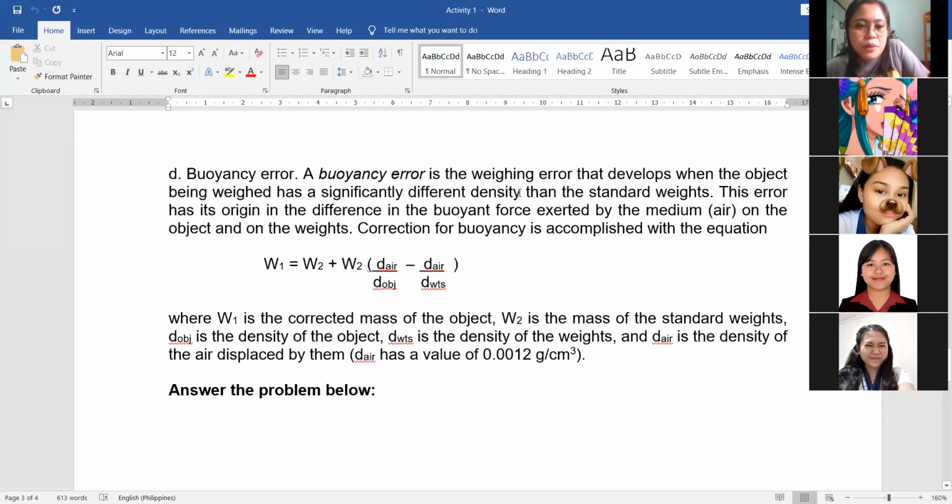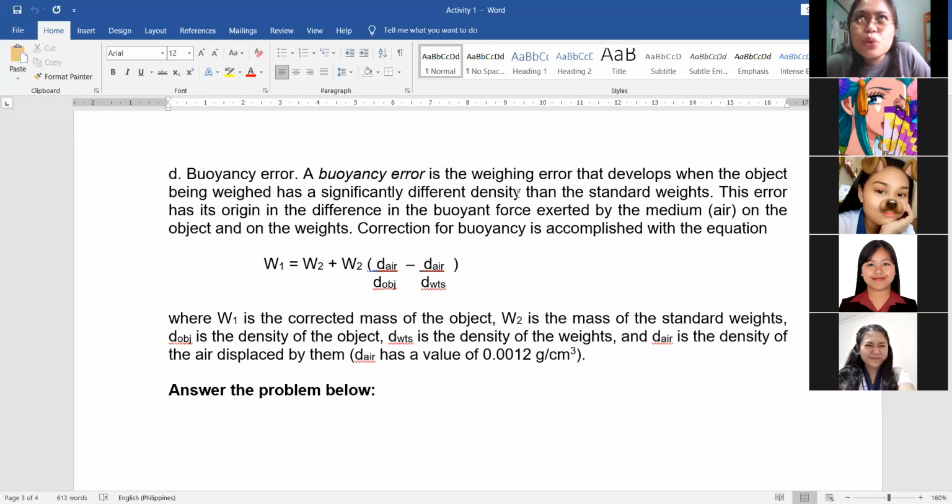And the last one will be the buoyancy error. So when you say buoyancy error, it develops when the object we are weighing has a different density from that of the standard weights. Especially if we don't use the electronic analytical balance.